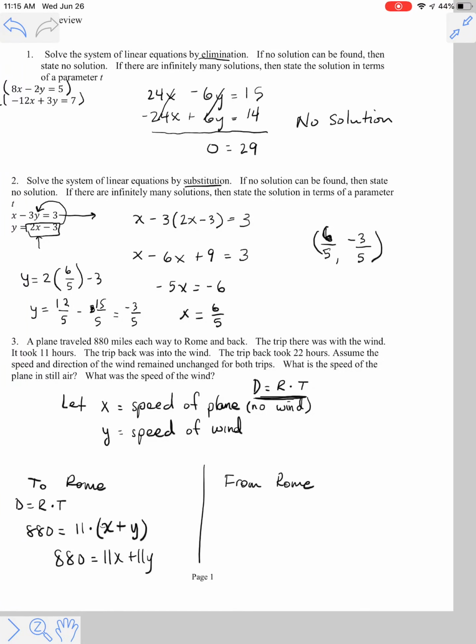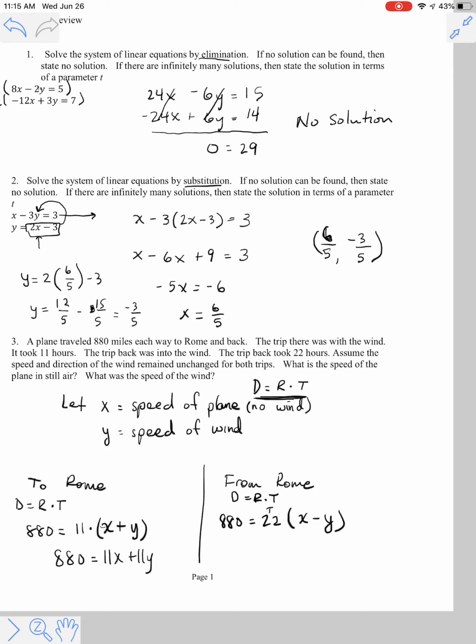Now, that's got two variables, so I can't solve that equation. So I'm going to do another distance equals rate times time for the trip from Rome. The distance was the same, 880. This time it took 22 hours, that's the time. And then the rate, since it was going into the wind, it had the speed of the plane, but it was being made slower because the speed of the wind was going into the wind, so I'm subtracting the speed of the wind.